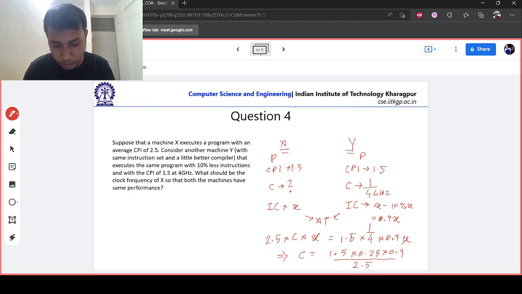So if you calculate this, it will be 0.135. So the answer is 0.135.